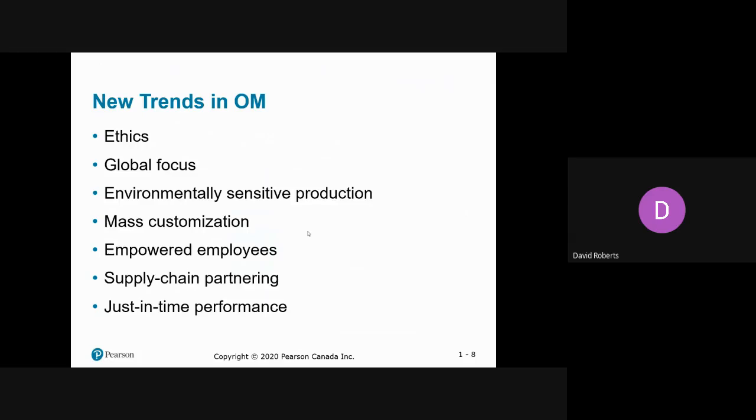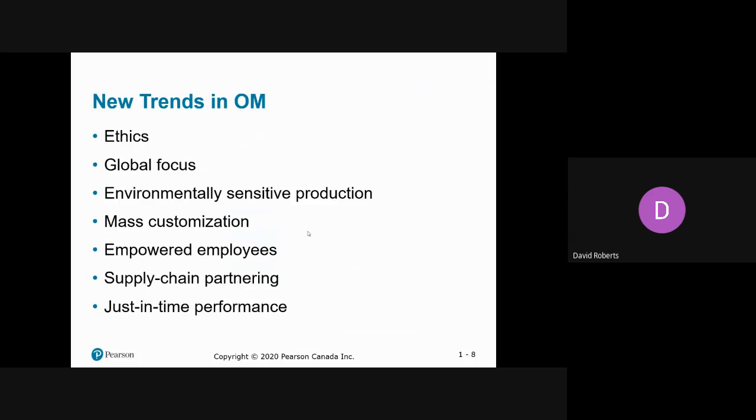It can also save the company a lot of money by using less energy or recycling. Brewery companies used to just let the carbon dioxide go up into the air from the brewing process. And now they capture that carbon dioxide and sell it to other companies. So it's better for the environment.